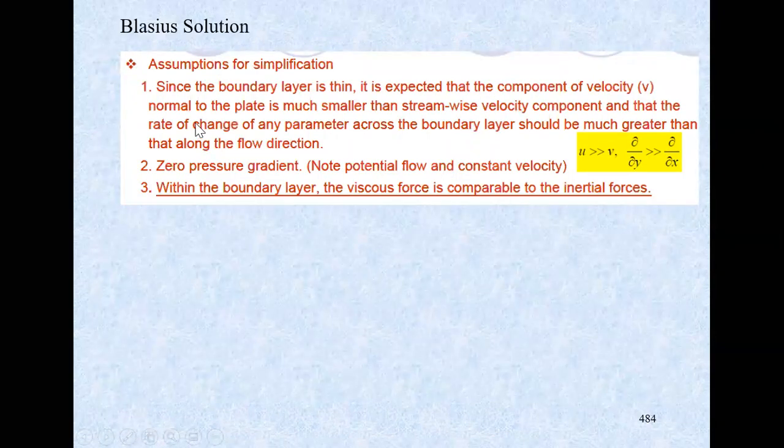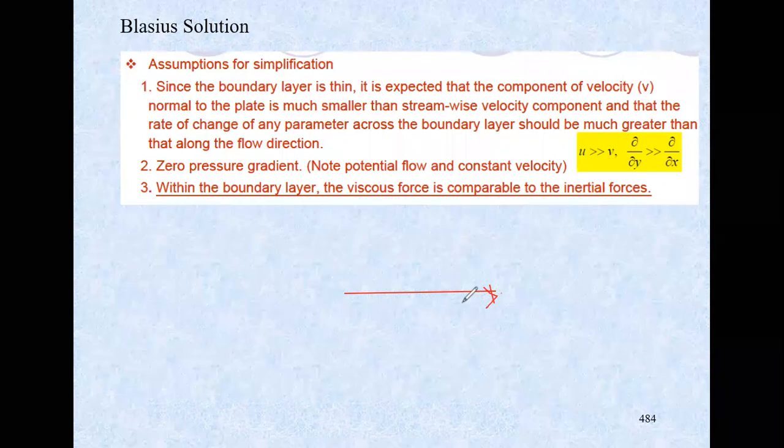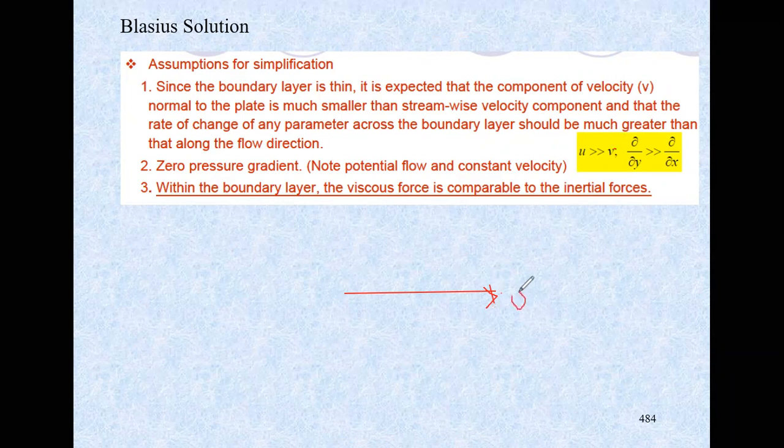Assumptions for the Blasius equations. It is expected the component of velocity normal to the plate is much smaller, so you only have the velocity in the direction of the flow. There is no vertical velocity. Usually we have u and then v, the velocity in this direction, but we ignore this.